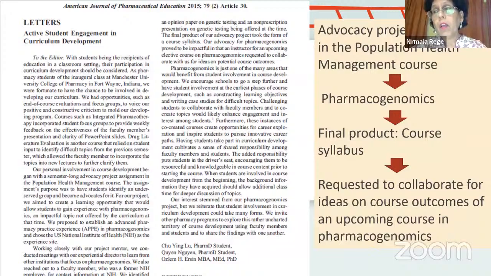Someone from the National Institute of Health USA, a previous employee, was contacted, and they decided to get the experience of how everything was going on in NIH on pharmacogenomics. And they gathered so much information as a final product.